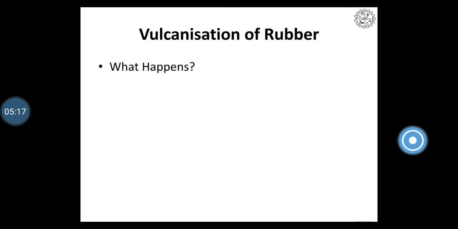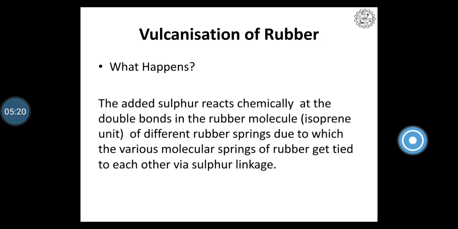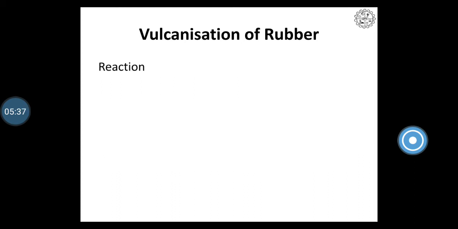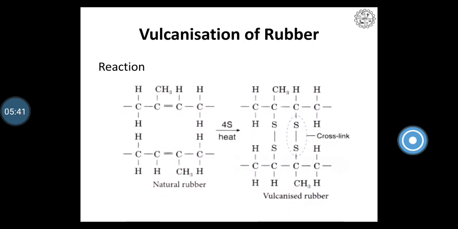Then what happens? The added sulfur reacts chemically at the double bonds in the rubber molecules of different rubber springs, due to which the various molecular springs of rubber get tied to each other via sulfur linkages. In this reaction, you can see the sulfur atoms joining at the double bond carbons.